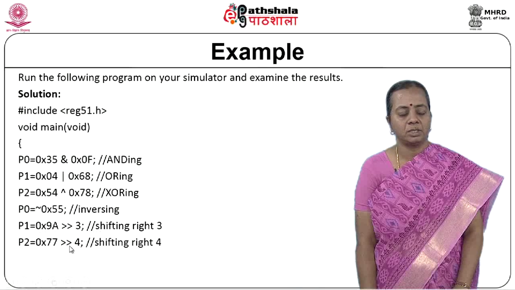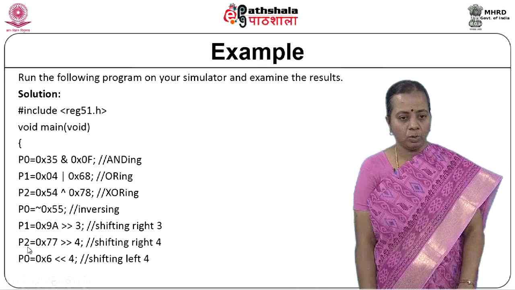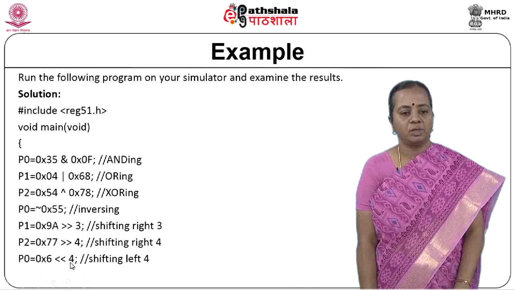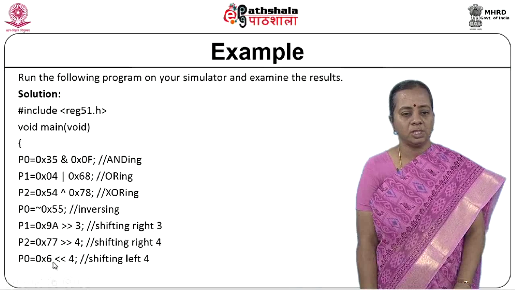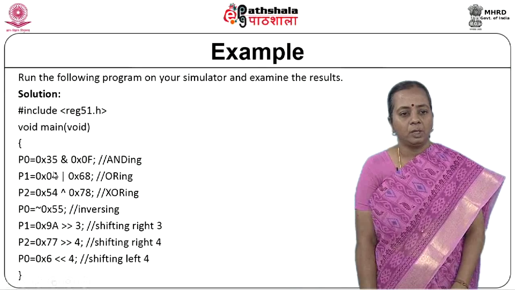This 0x77 is shifted right by 4 positions, which will be given at your P2, and this 0x6 is shifted by 4 positions and will be given at port 0. So whatever we have seen in the previous examples has been implemented using these statements in your embedded C code.